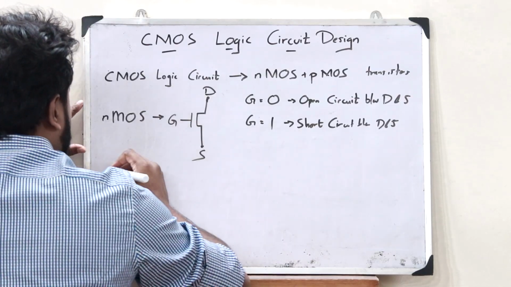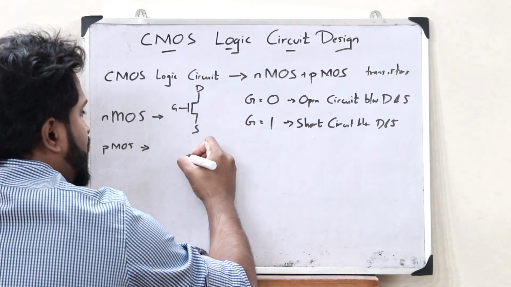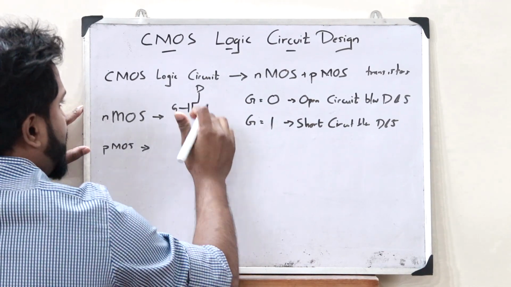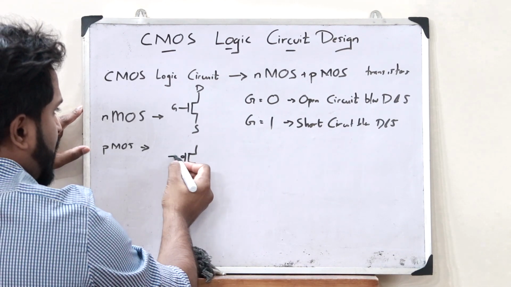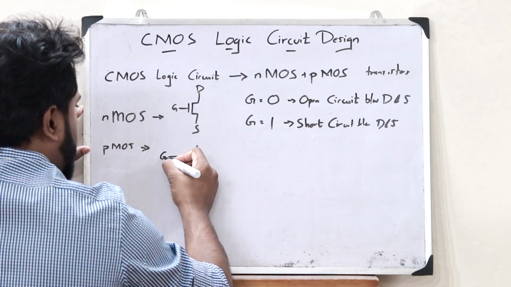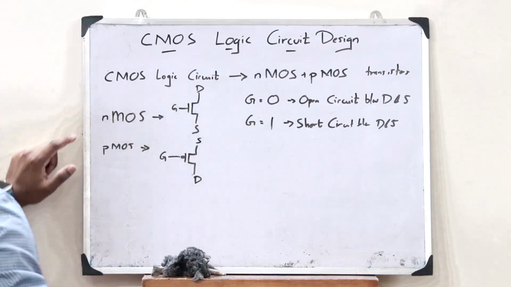Now let us see what you refer to as a PMOS transistor. In the case of a PMOS transistor, we have something like this. It is the same as this, but here there is a circle like this. This represents a PMOS transistor. Here we have the gate, here we have the drain, and here we have the source.